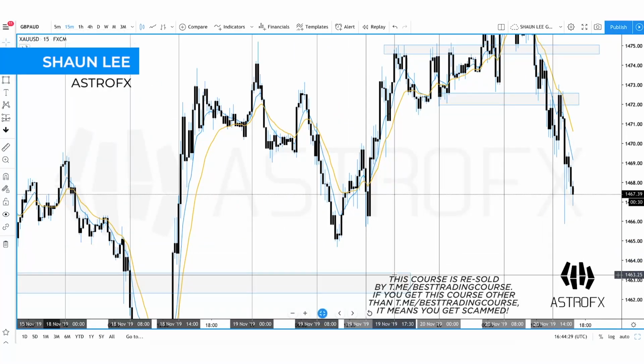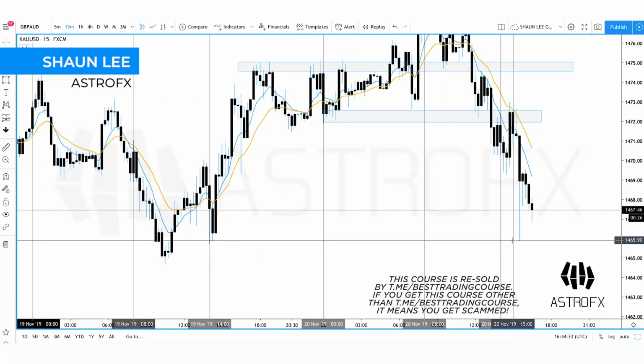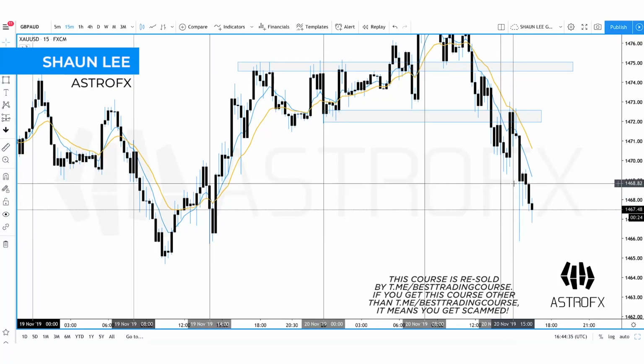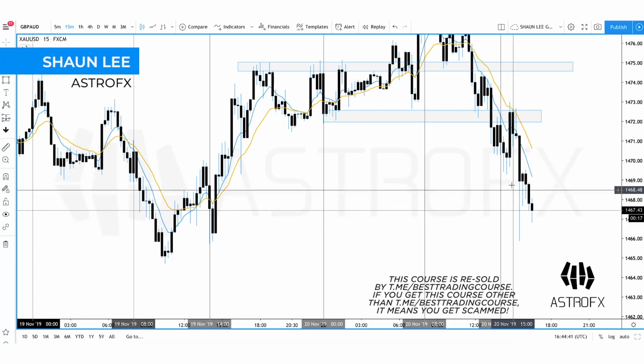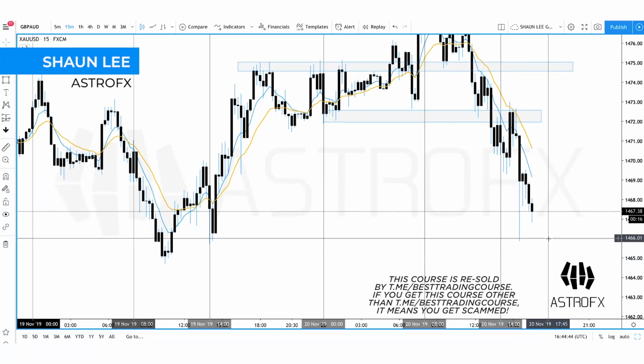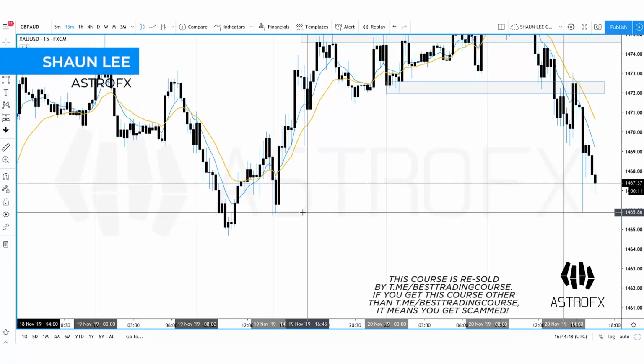Okay, let's move this one out of the way. Let's just remove this one as well, keeping the chart as clean as possible. But the low of 1465, the candle actually closed at 1468.9. So that's nearly around 39, 40 pips. But if I line the crosshair up, where can we see the reaction and why?